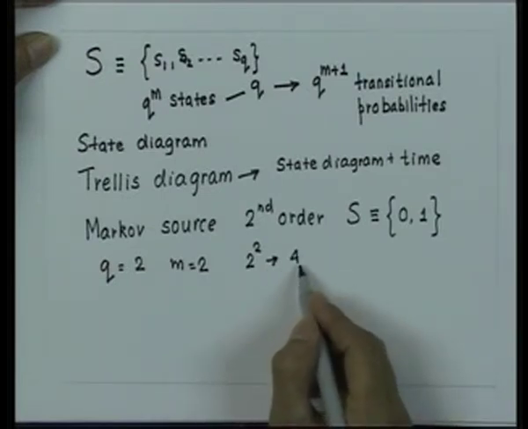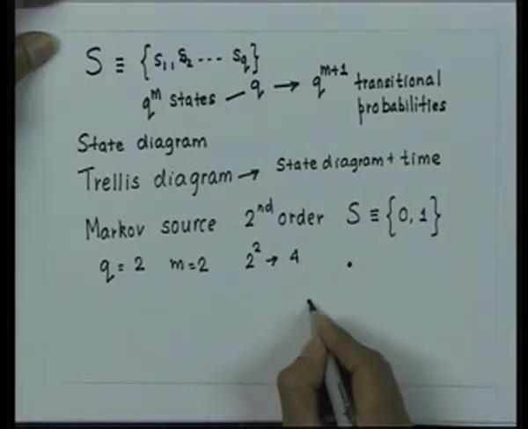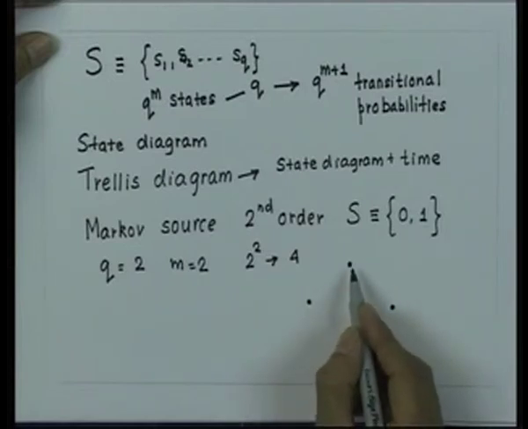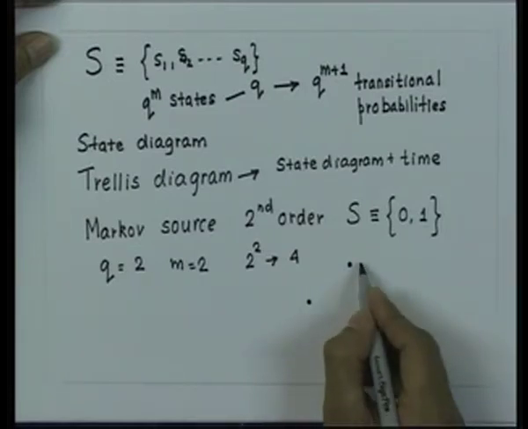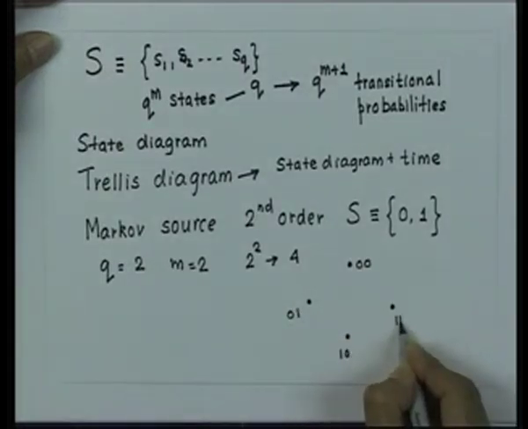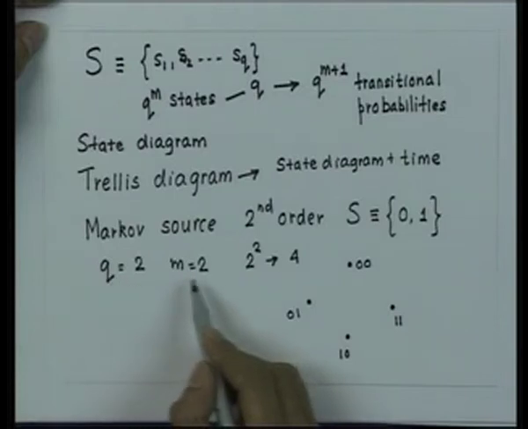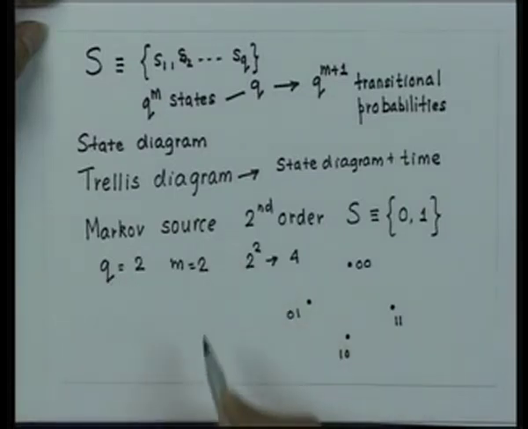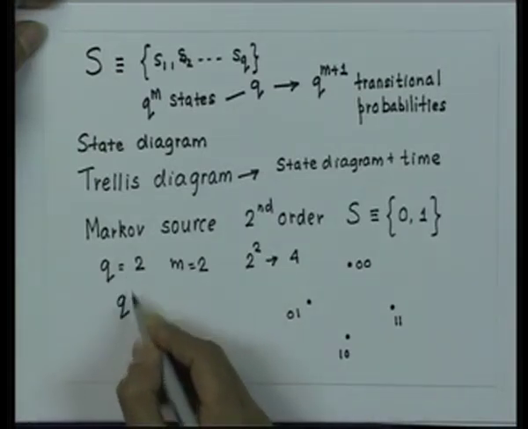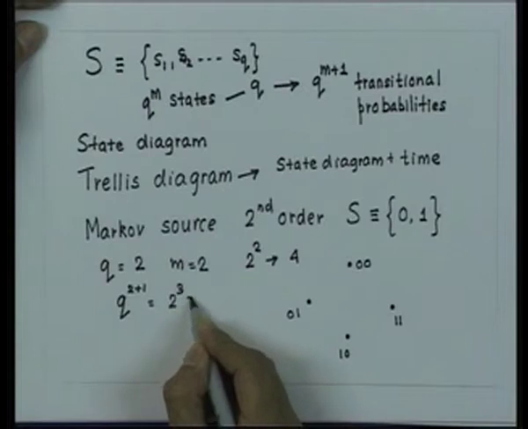You represent these states by dots. So, in our case I will have 4 states, so I will represent them by these 4 dots, and these 4 states can be identified as 0 0, 0 1, 1 0, 1 1, and I will require the conditional probabilities for this source S. Since we have q is equal to m is equal to 2, we get q raised to m plus 1, that is equal to, in our case, 8.